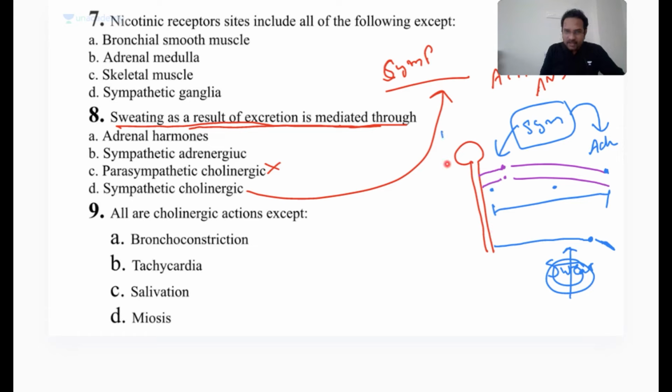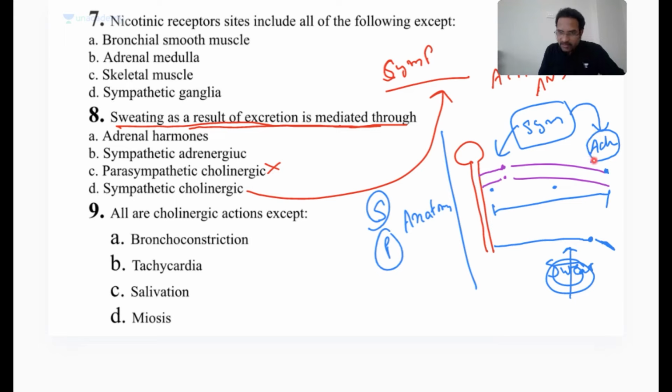So the classification, whether sympathetic or parasympathetic, is based on anatomy, not on neurotransmitter release. Because anatomy wise it has a short preganglionic and long postganglionic neuron going to the sweat glands, it is considered sympathetic cholinergic. So this is mediated through sympathetic cholinergic. So option D is correct here.